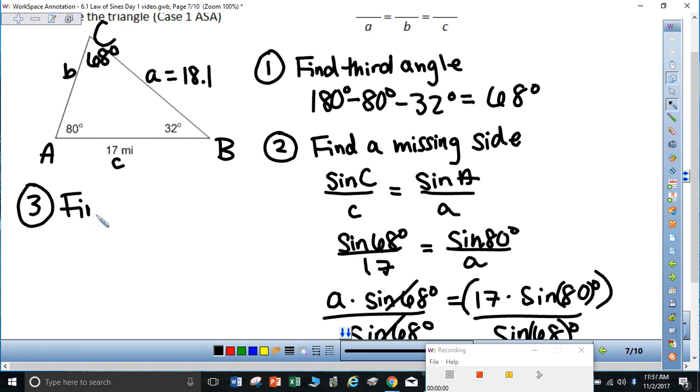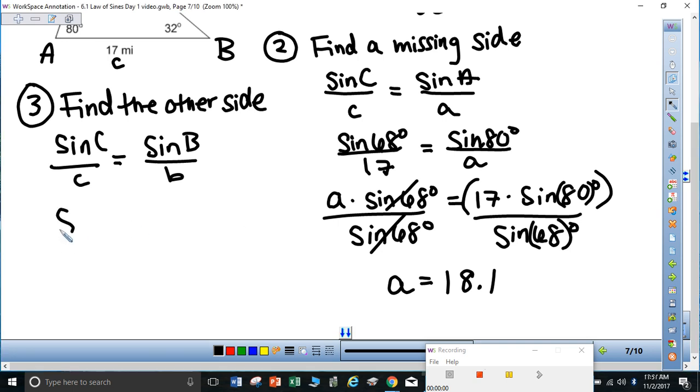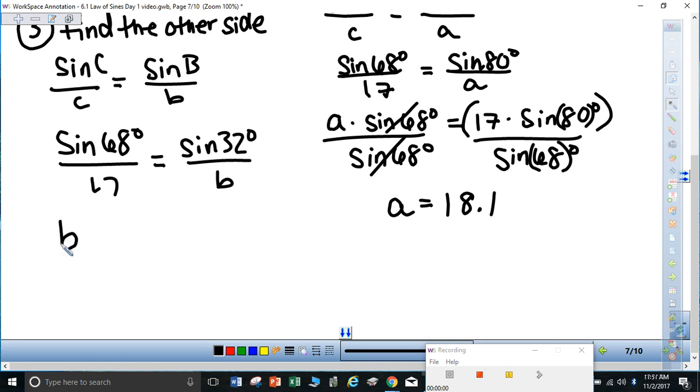All right, last step, we're going to find the other side. So let's still use sine C over C as our given ratio. This time we'll set this equal to sine B over B. So angle B is 32 degrees. All right, we'll go ahead and cross multiply.